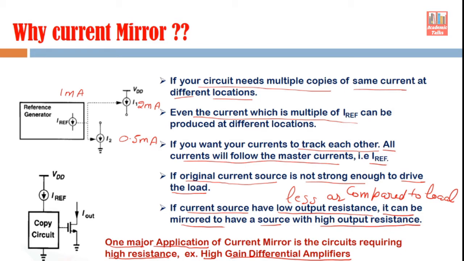And in case of current mirror or current sources, that is possible because current sources provide you infinite, ideally infinite resistance, practically very high resistance. So that's why it is mentioned here that in a high gain differential amplifier or even in a simple amplifier, high gain amplifiers, we can use a current mirror as a load so that we can achieve a very high value of gain.